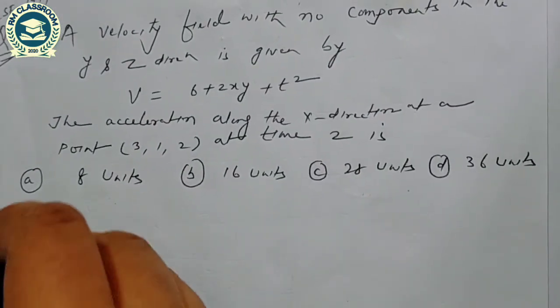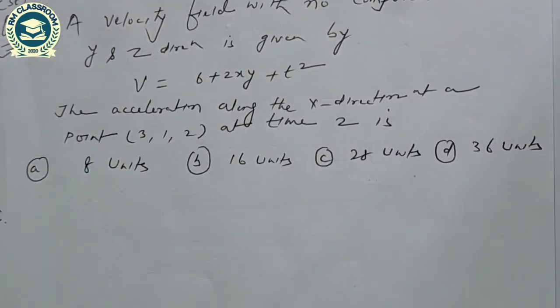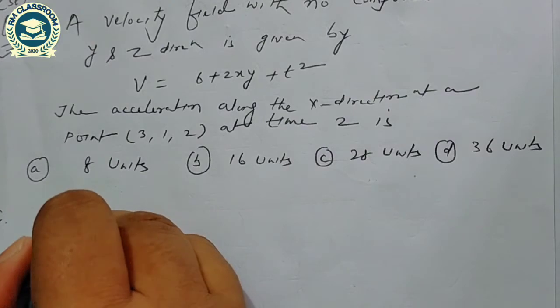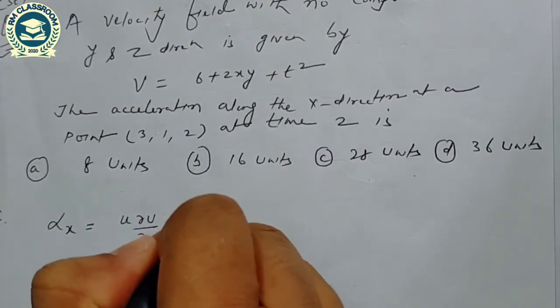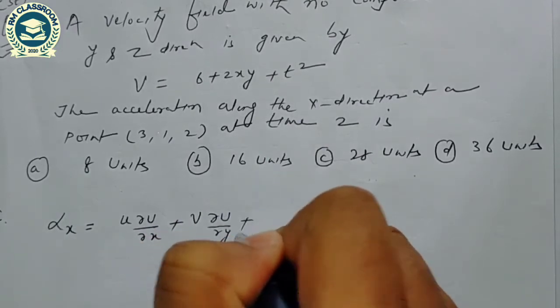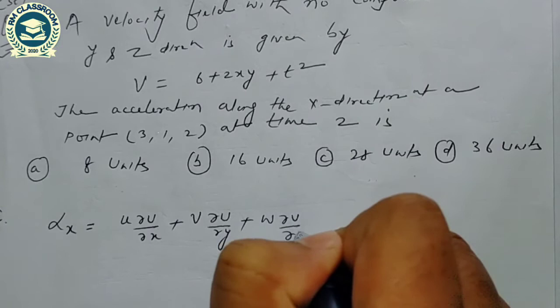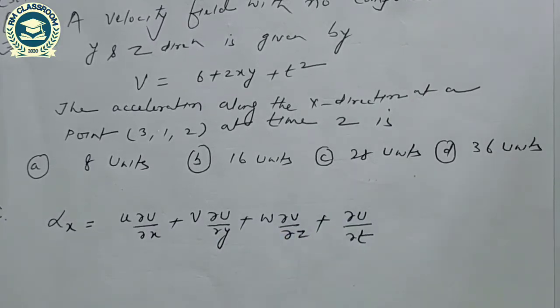So in the last class we have seen the expression of acceleration in x, y and z direction. The acceleration in x direction is u del u by del x plus v del u by del y plus w del u by del z plus del u by del t.